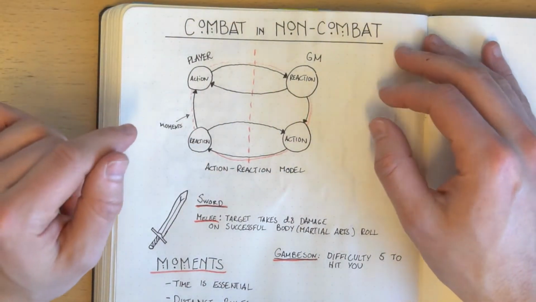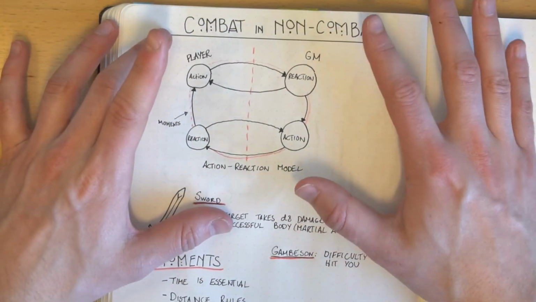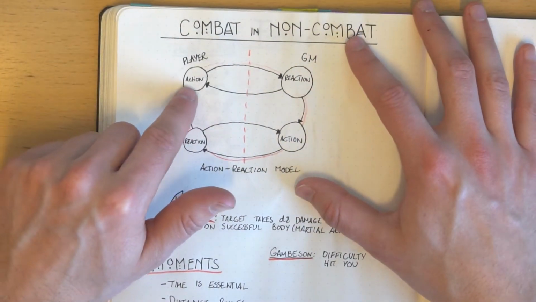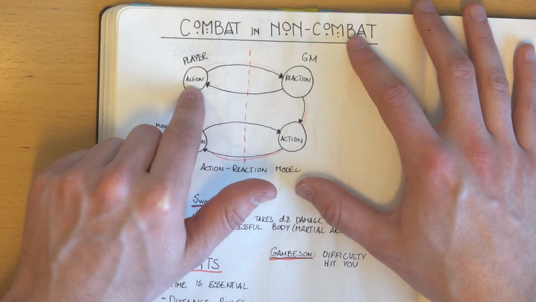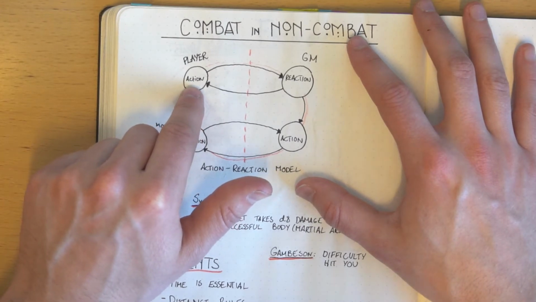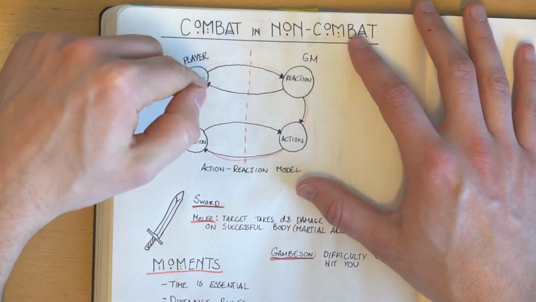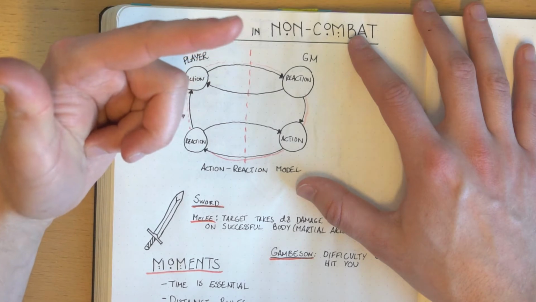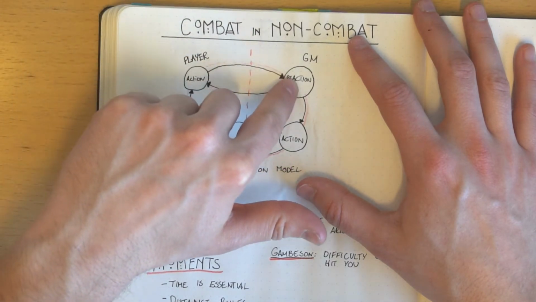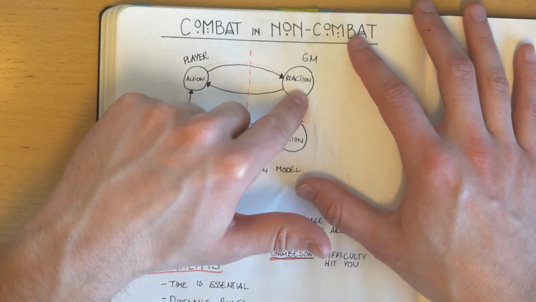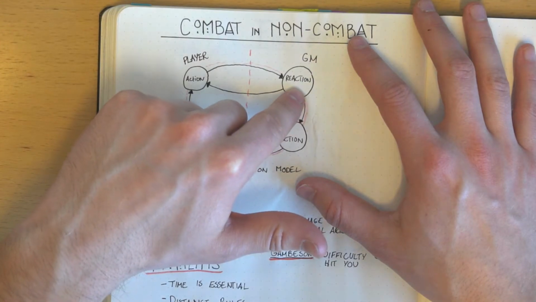Now, in combat, this is very explicitly written down. You have the players on their turn saying, okay, this is your action, what do you want to do? I want to use my move action to move 30 feet. I want to use my attack action to attack that person. And then the reaction is the person takes damage, right?